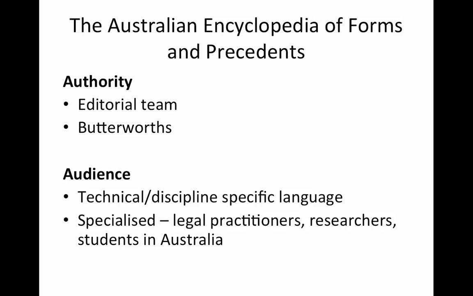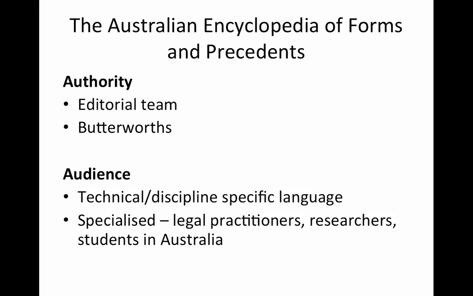And the other aspect to consider was the publisher, which was Butterworths. Butterworths comes with a reputation of almost 2 centuries of legal publishing. This encyclopedia itself is now distributed by LexisNexis, both online and is still available in its print format.